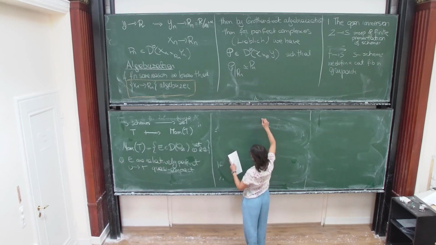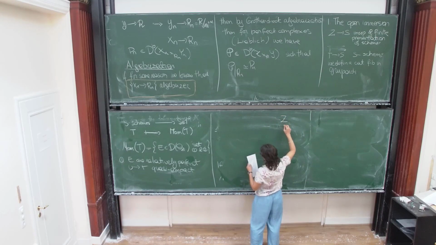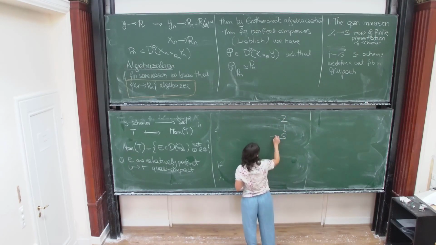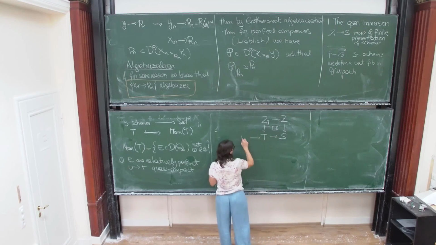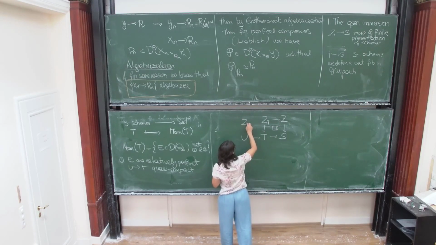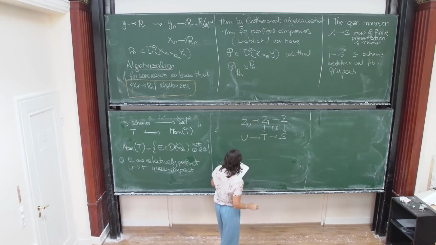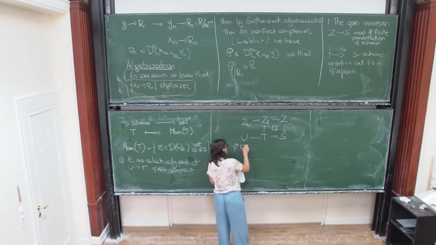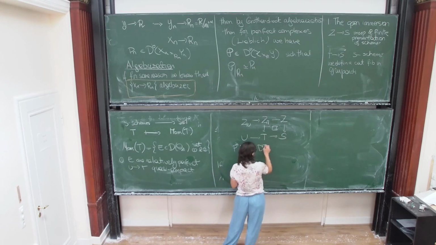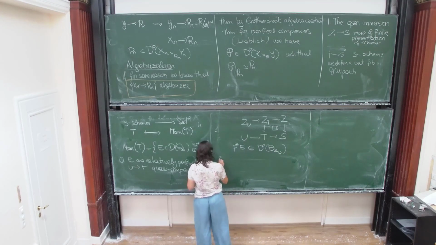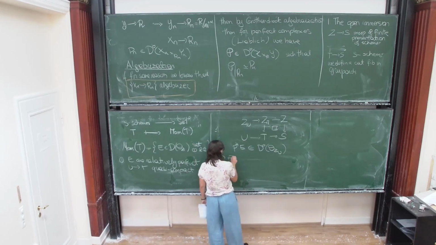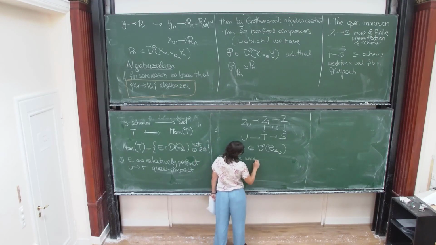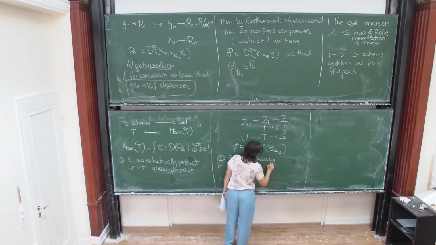You have Z that goes to S, and then you have T, and here you have ZT, and then you have U, and you have ZU, and you have the pullback of E is bounded. Two, E is universally gluable.